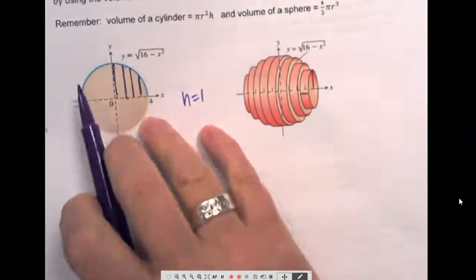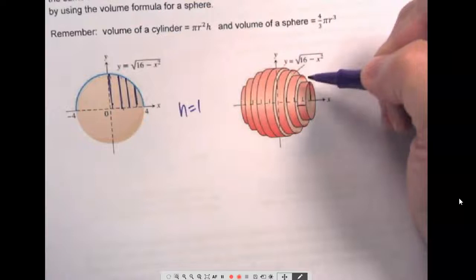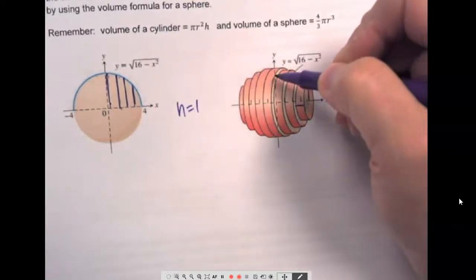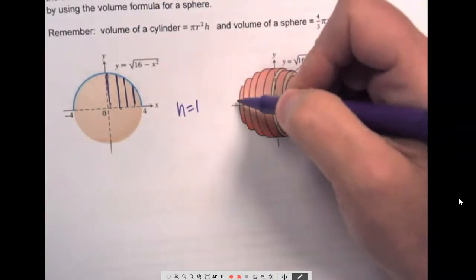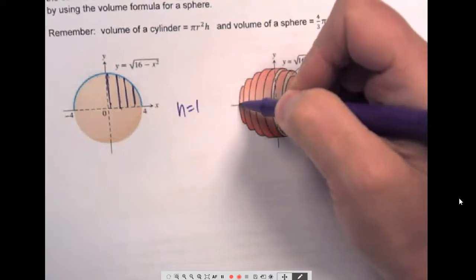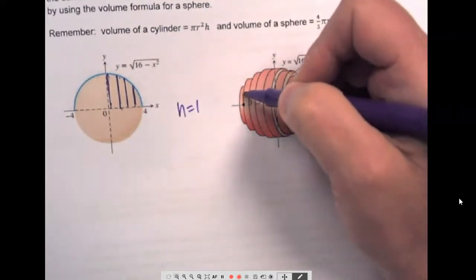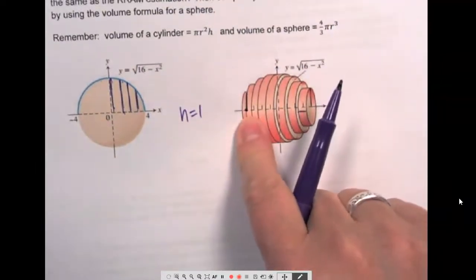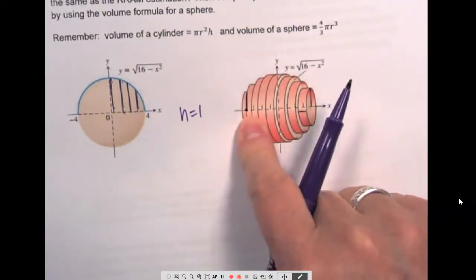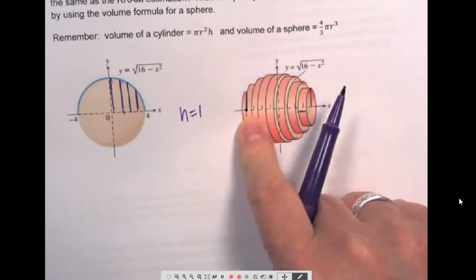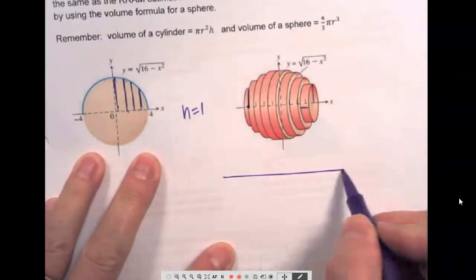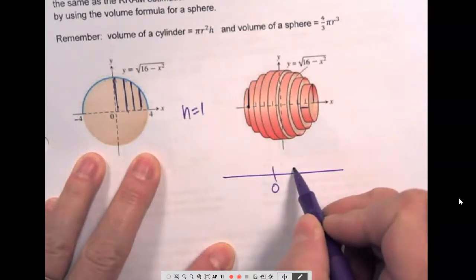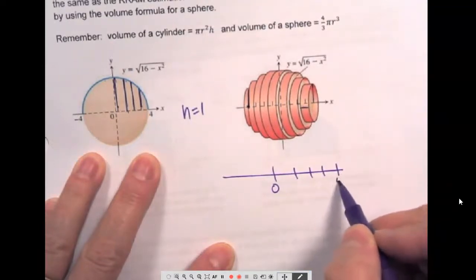Okay, so if I'm over here, we're using right RAM. So I'm going to start with 1, 2, 3, 4, 5, 6, 7, 8. I'm going to start on the right endpoint. So right there, I'm going to use that to determine what the radius is. What is that number? Let's actually just draw a number line. Here's 0. 1, 2, 3, 4.